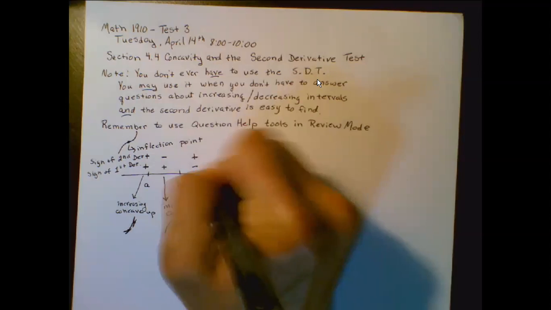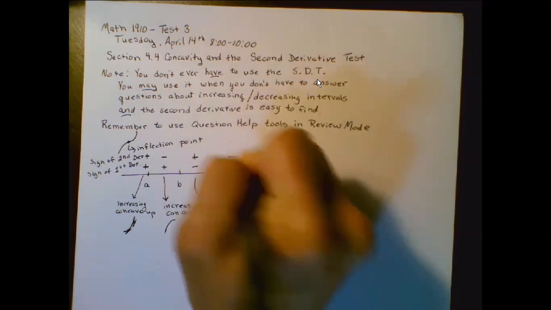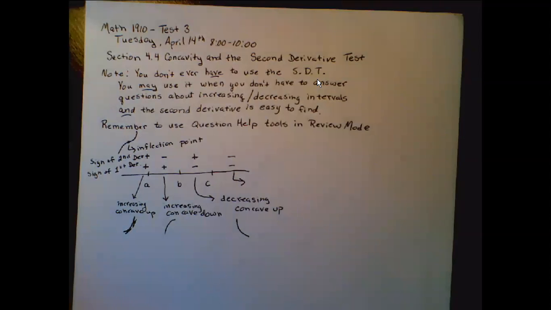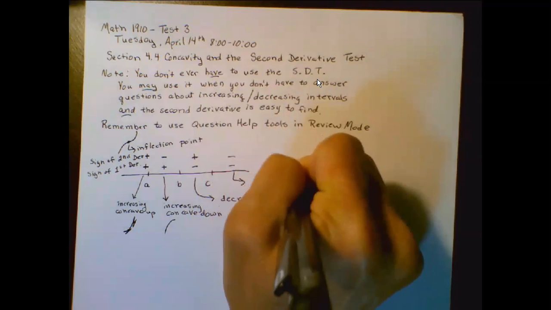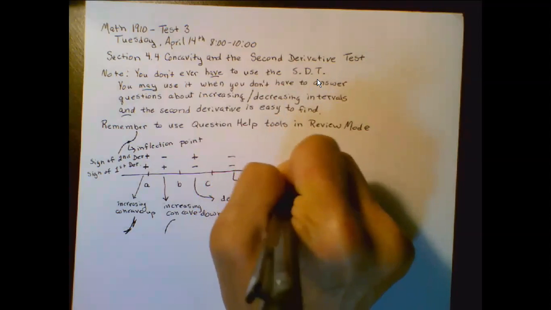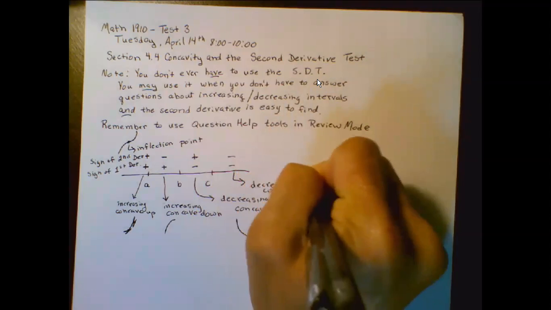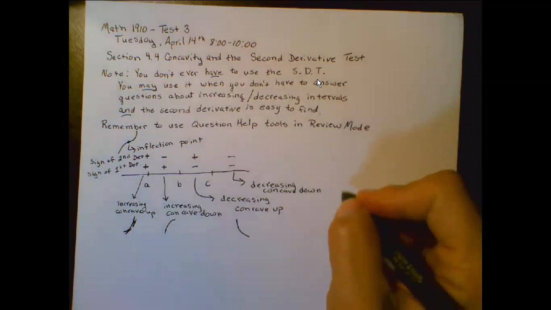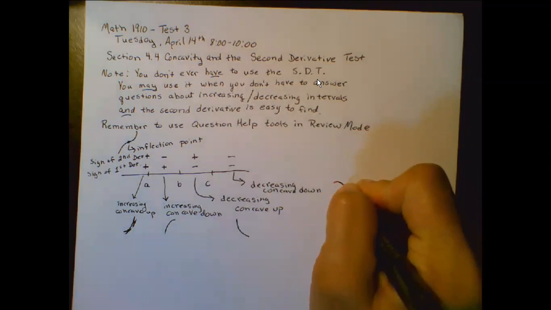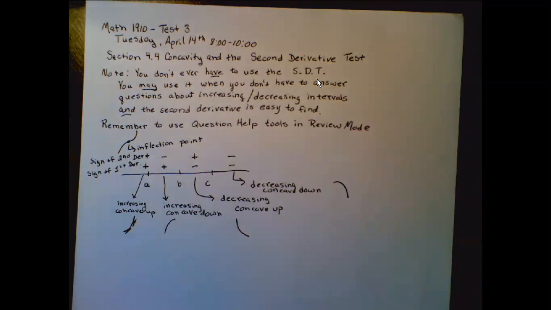And then to the right of C, if both derivatives are negative, what does that tell you? Decreasing, concave down. Decreasing and concave down. Going downhill from left to right, but concave down. Like that.